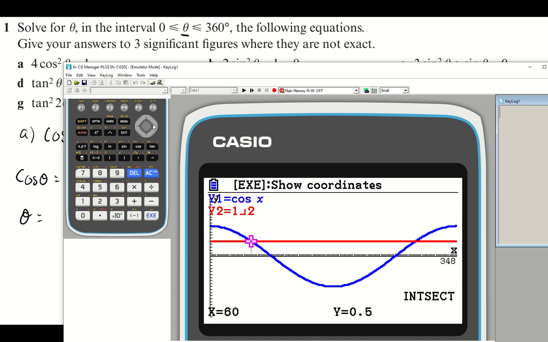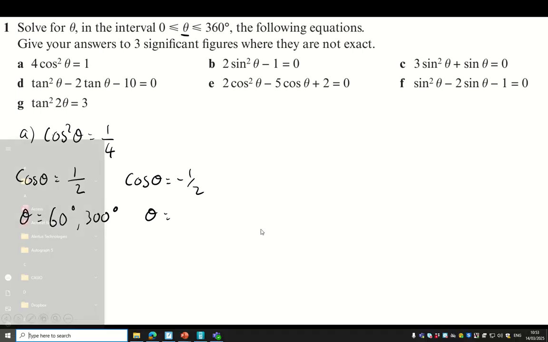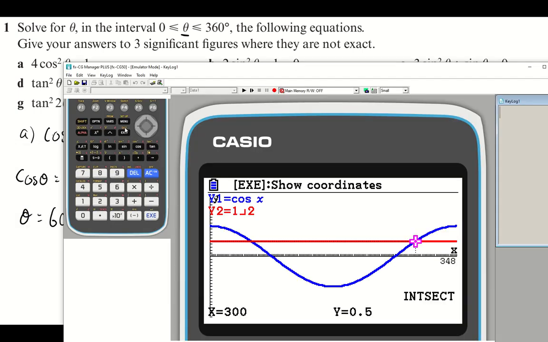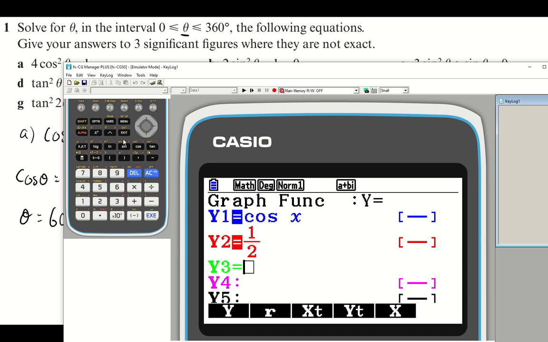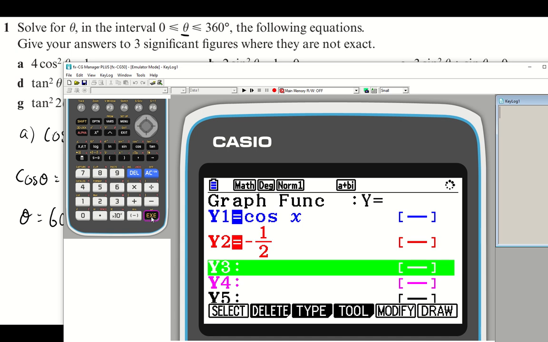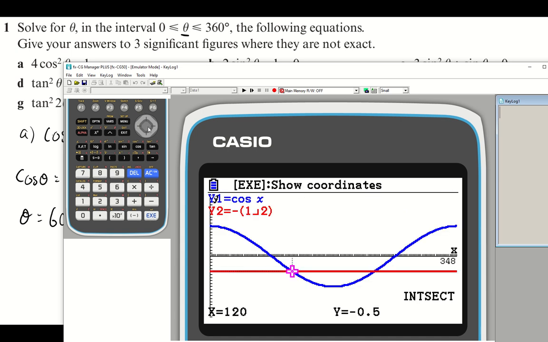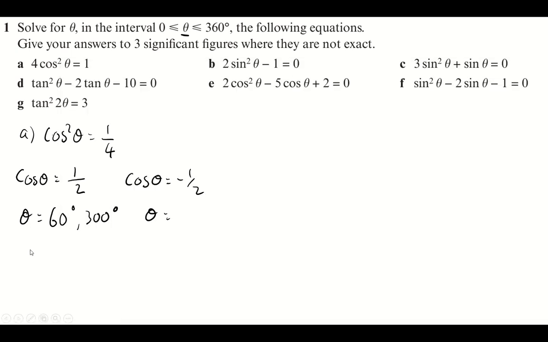G-solve intersect 60 and 300. Minus a half. G-solve intersect 120 and 240.